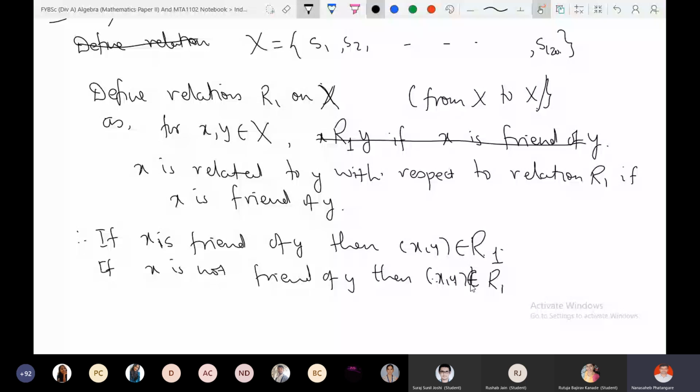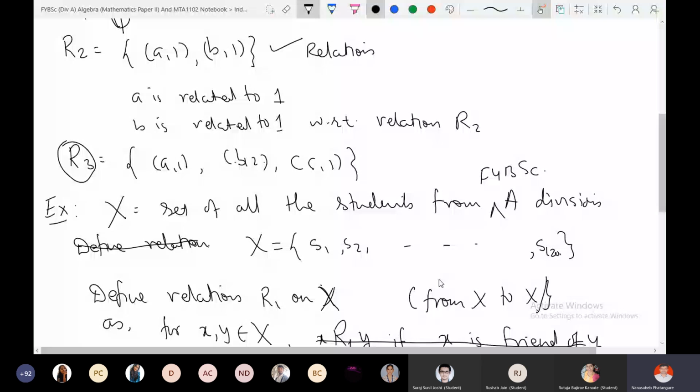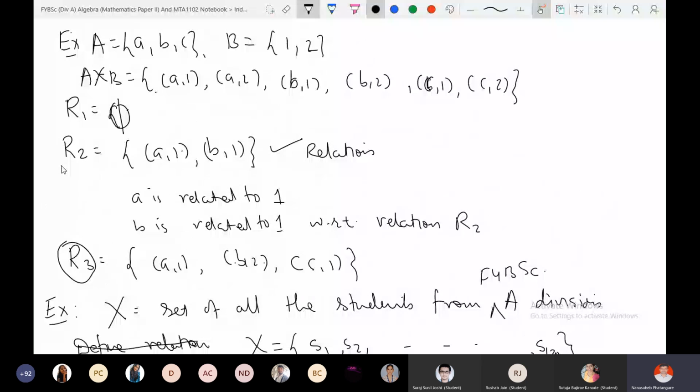See, for the example, in case of the previous example, A comma 1 is a pair in relation R2. That means with respect to this relation, A is related to 1. B is related to 1 with respect to this relation. Now, for example, B comma 2, this pair is not in R2. That means B is not related to 2 with respect to relation R2.